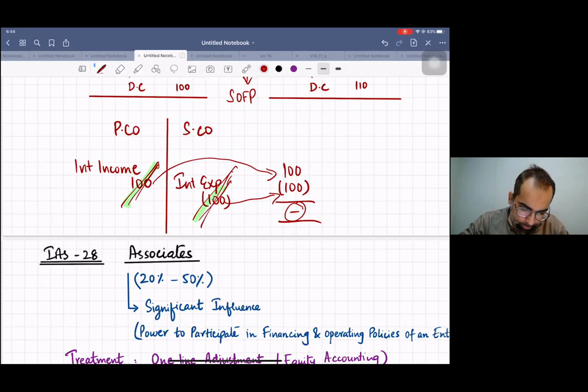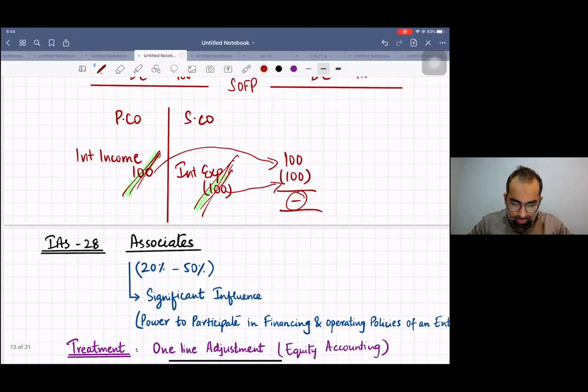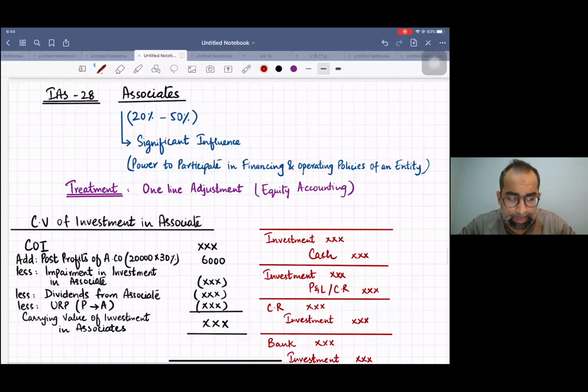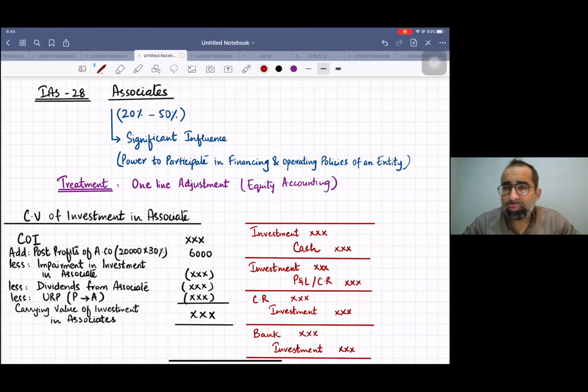Now, a very important area, it may come for 2, 3 or 5 marks. Now there is one left. I normally say this to my students, that this consolidation topic is about the level of investments.